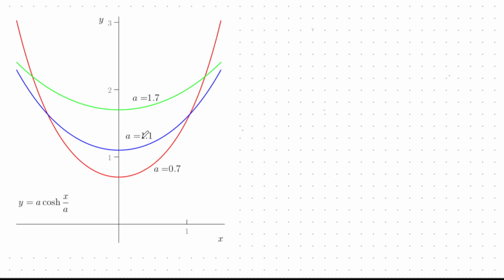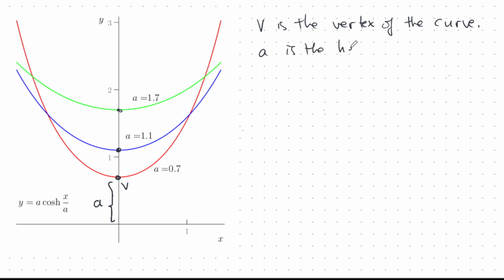Now the thing to remember, the thing to see here is that this point, let's call this point V. So V is the vertex of the curve. So it's the lowest point, and a happens to be exactly this distance. So a is the height of the vertex V.